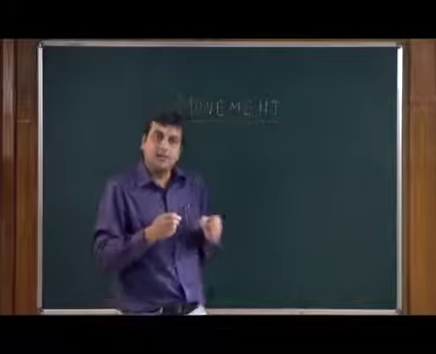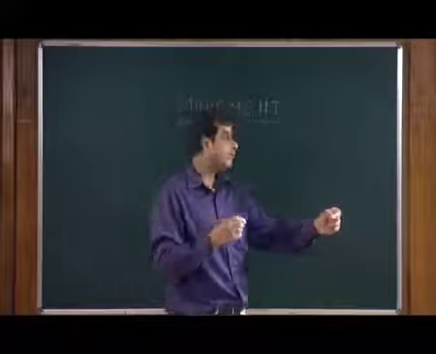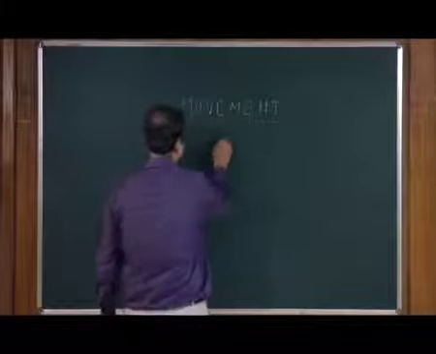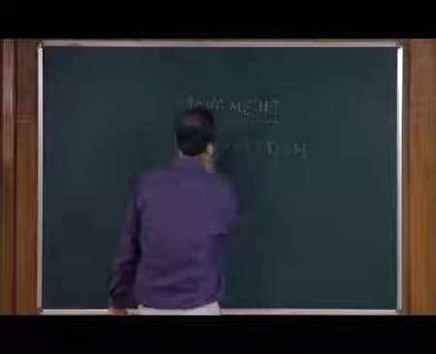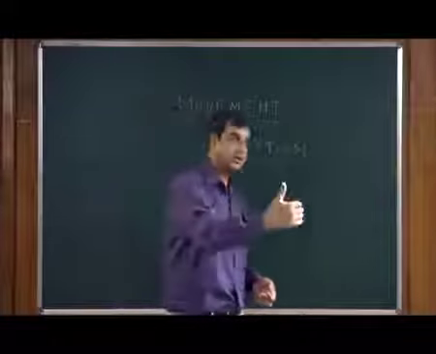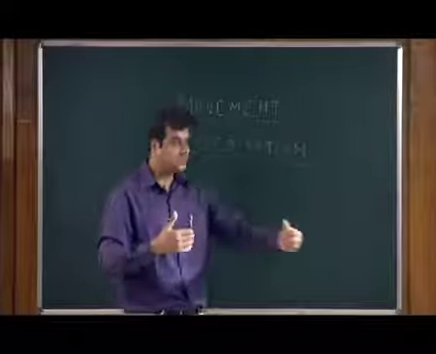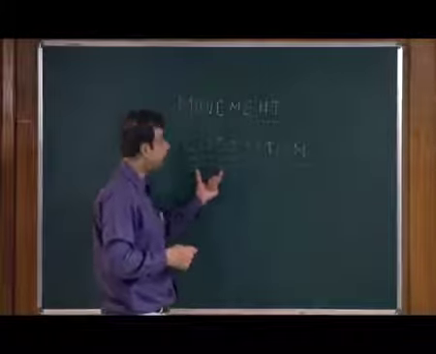Now, if that movement is responsible for changing the location, then we call it locomotion. So, any movement that is responsible for changing the location of the individual, we call locomotion.